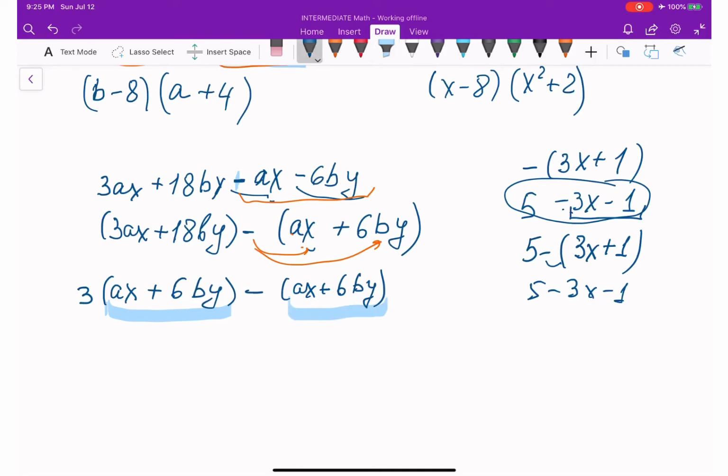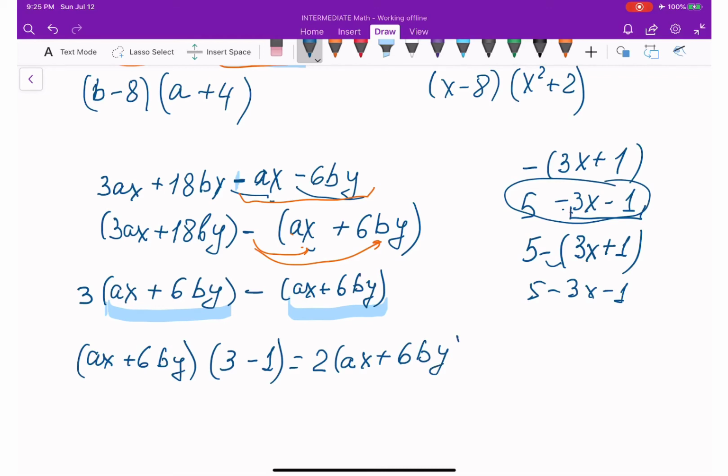So let's write out ax plus 6by. What will be left from the first term? It's going to be left 3. From the second term, it's going to be left 1, which is going to be twice ax plus 6by. Okay? Are we doing good?